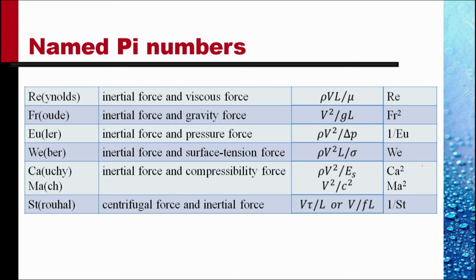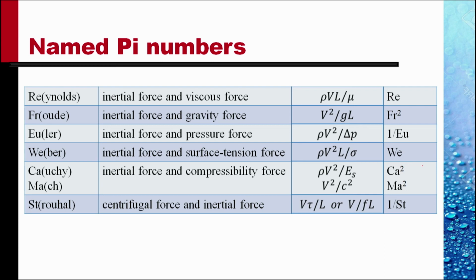Froude number is equating the scale factor for the inertial forces and the gravity forces, and we get V square by Gl, the square root of which is termed as the Froude number. So V square by Gl is Froude number squared. By equating the scale factors of inertial forces and pressure forces, we get rho V square by delta P, which is inverse of what is called the Euler number.